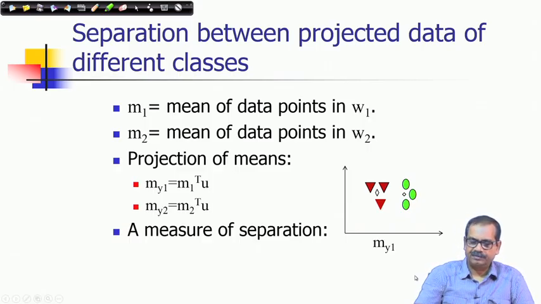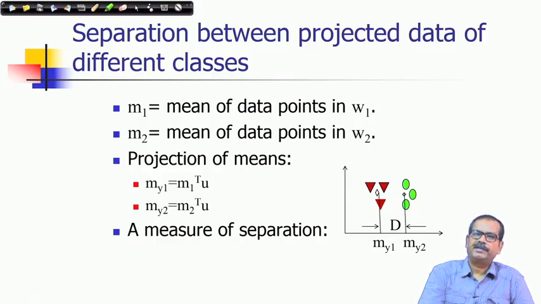Figuratively, we can show here my1 and my2, and one measure of separation could be the separation of these two means, that is, how far apart they are. We want this measure to be large for well separated groups.